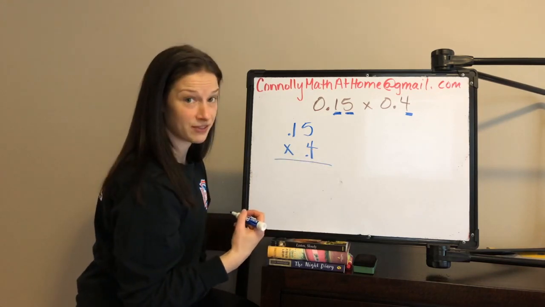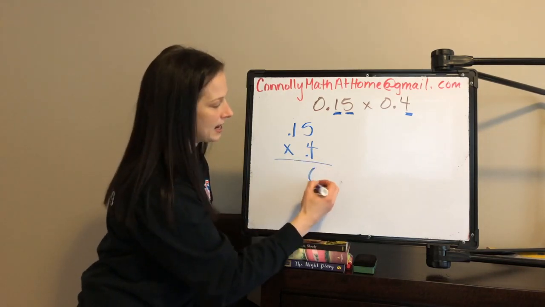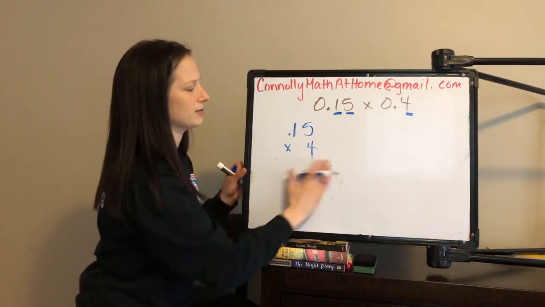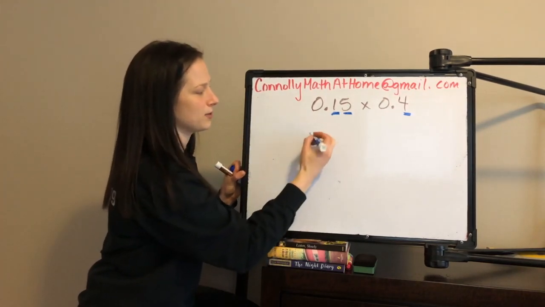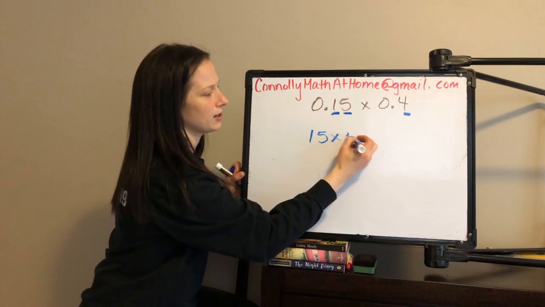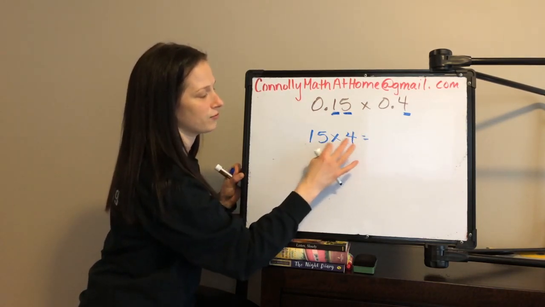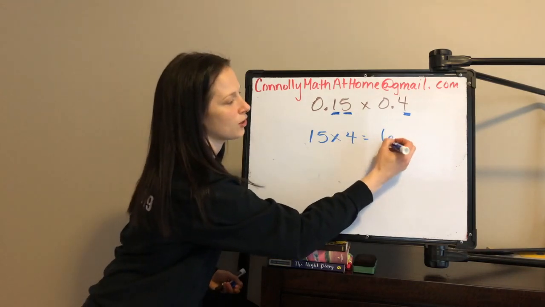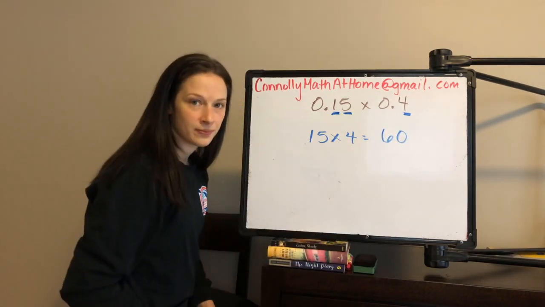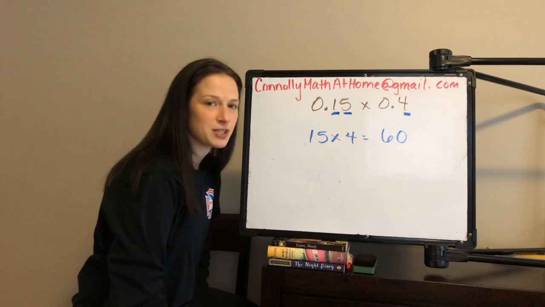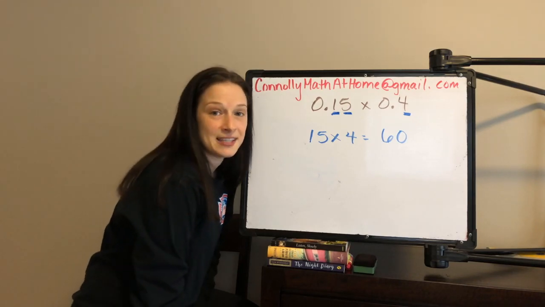Okay, I lined them up as if they were whole numbers, and why am I doing the standard algorithm? That's silly. Okay, this one, the standard algorithm takes much longer. I know. 4 times 10 is 40, 4 times 5 is 20, so my product, when I multiply them like they're whole numbers, is 60.